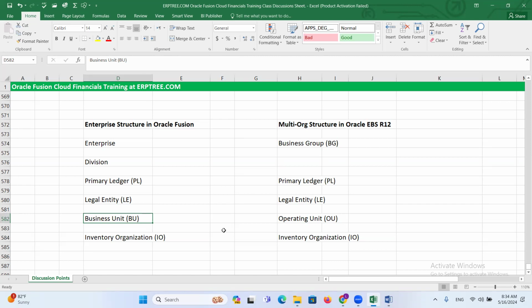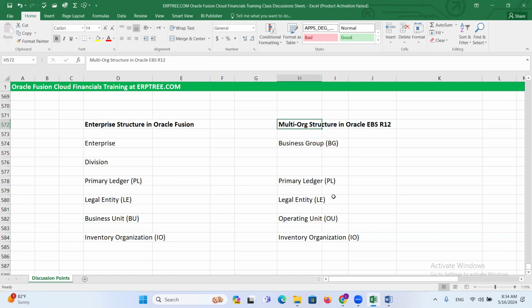What we can do with the operating unit in EBS, the same we do in Fusion applications. And the inventory organization, how the functionality works in EBS, they moved as is to Fusion. This is the difference between the EBS R12 multi-org structure and the Oracle Fusion enterprise structure.